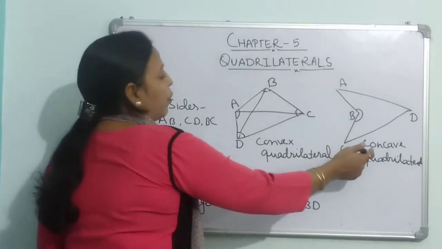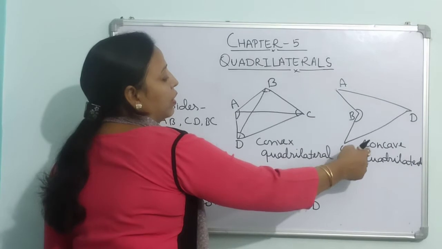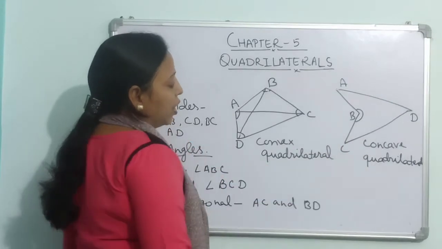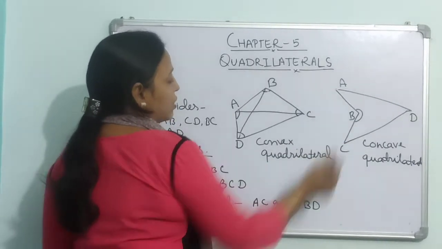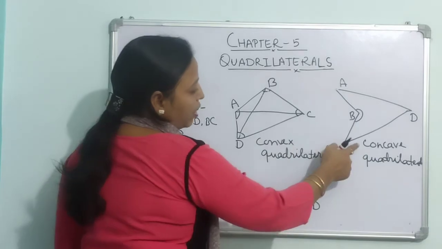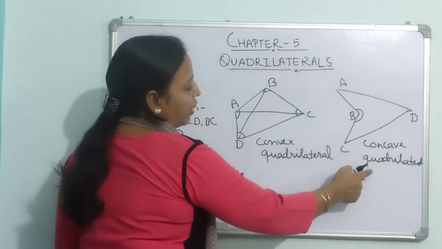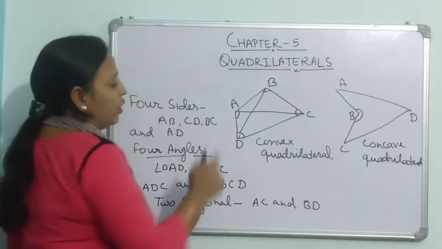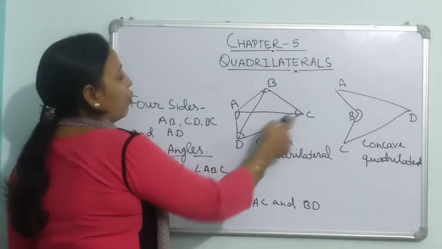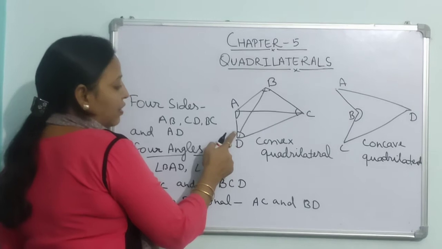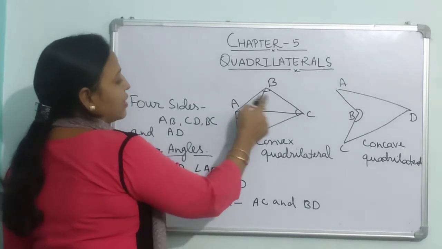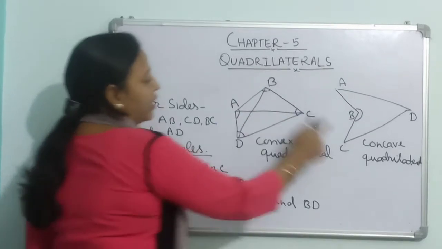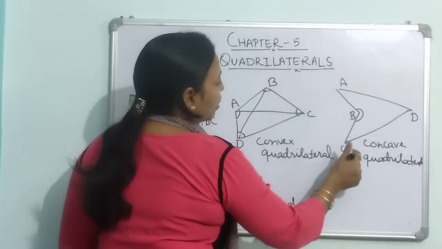Questions based on the concave quadrilateral are removed from your portion, so we will not discuss it, but you should know the meaning of concave quadrilateral, and I hope it is clear. Once again I am explaining to you. Here you can see all the four angles of this quadrilateral are less than 180, and here one angle is more than 180.